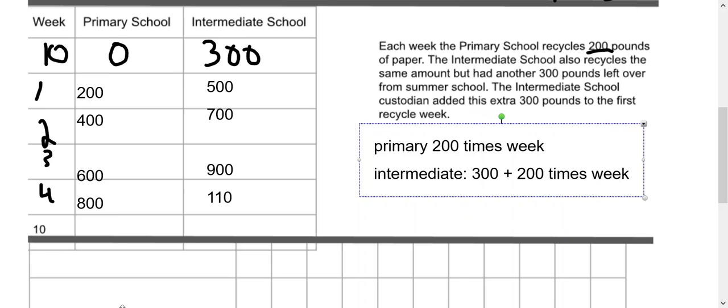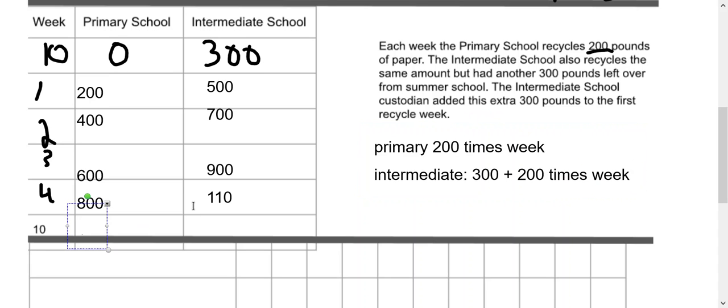Okay, so let's see. If you're doing the primary, it'd be 200 times 10, which is 2,000. And if you're doing the other one, it would be 200 times 10, or 2,000 again, plus that 300, so it's 2,300. And so that is that one.